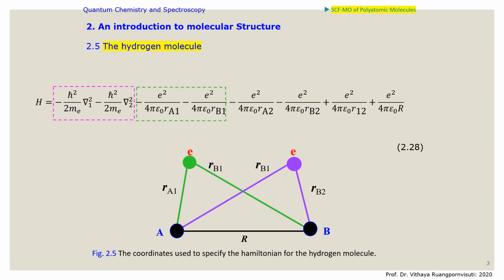The third and the fourth are the interaction of electron 1 with nucleus A and nucleus B. The next two terms are the interaction of electron number 2 with nucleus A and nucleus B. The next is the electron-electron interaction. The last term is the nuclear-nuclear repulsion term.